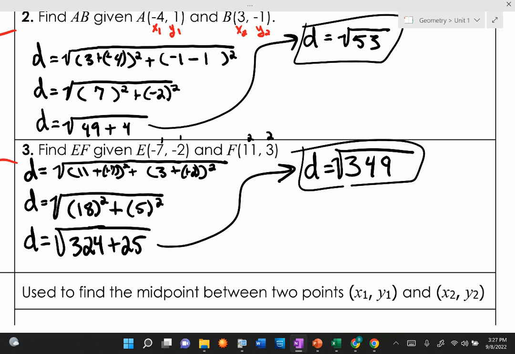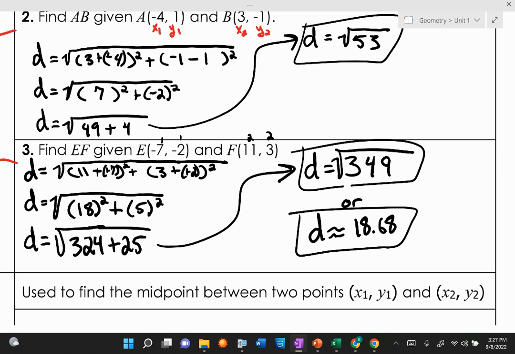So just know that you can see that answer in a couple different ways. My calculator says it's about 18.68. Those are both the same number. Don't worry about it, but make sure it's something that you recognize.